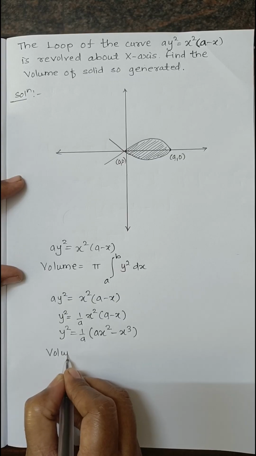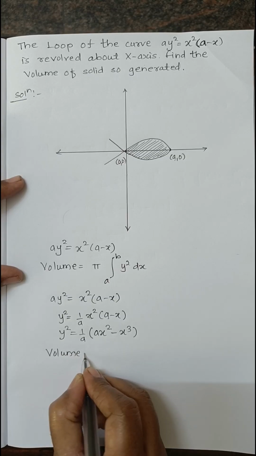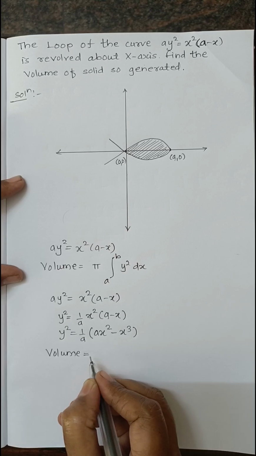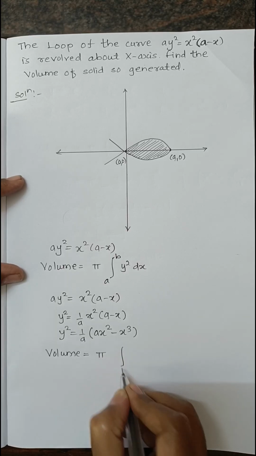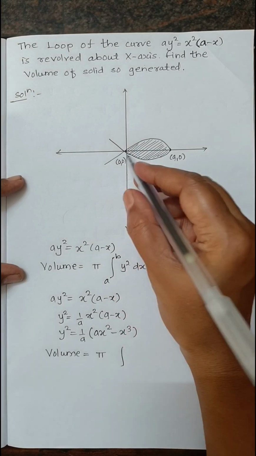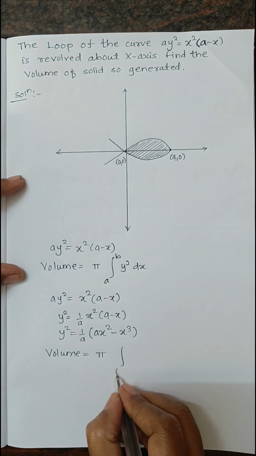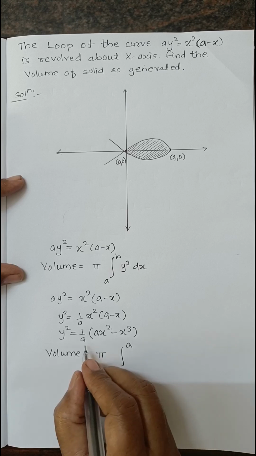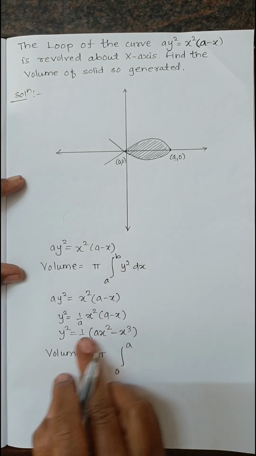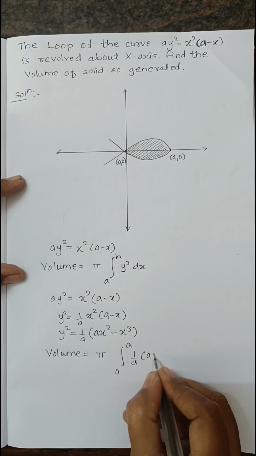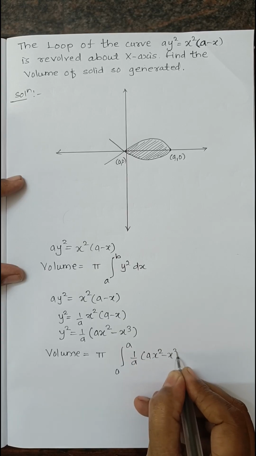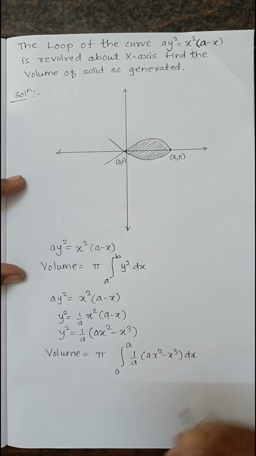The volume of the solid generated when the loop is revolved about the x-axis is pi integral, where x varies from 0 to a, of y square, which is 1 upon a into (a x square minus x cube) dx.